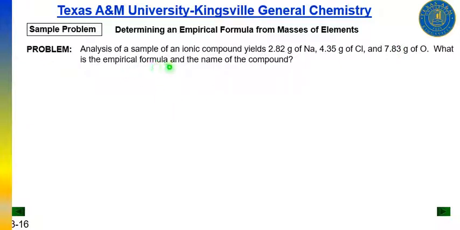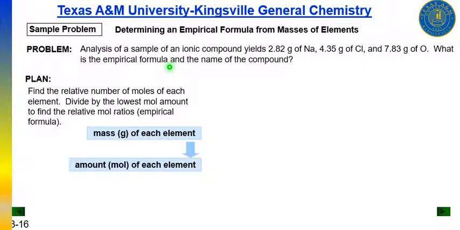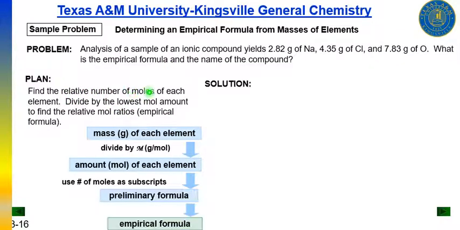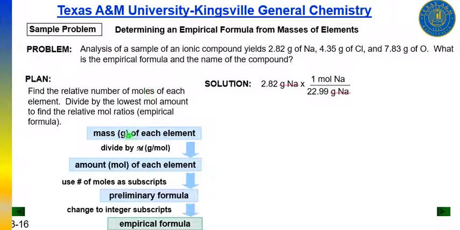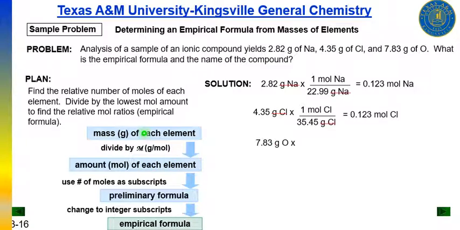What's the empirical formula and what is the name of this compound? Our plan, you are going to find the relative number of each element, sodium, chlorine, and oxygen. Find the number of moles, using the mass of each element divided by its atomic mass.